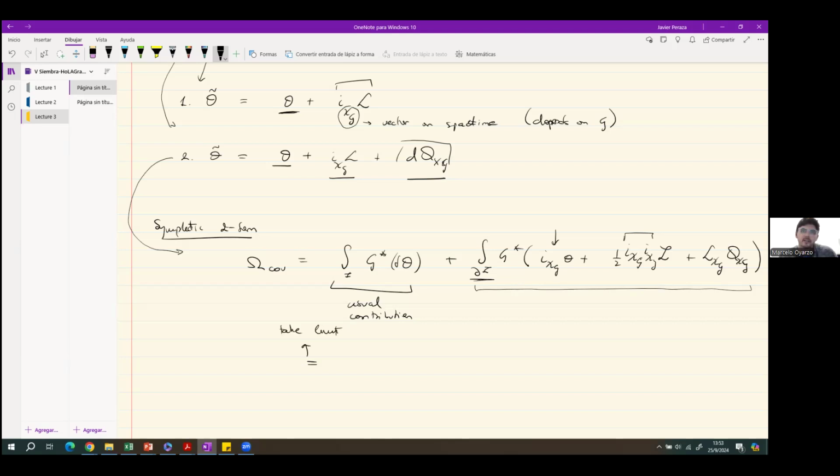Sorry, may I ask a question? The second term, why is it not zero? Because you are contracting with the same vector, or no? Yes, so that's part of the computations that I didn't do, but you can see in the notes that this vector lives in the exterior algebra, so the grading of those algebras is different from the usual wedge.